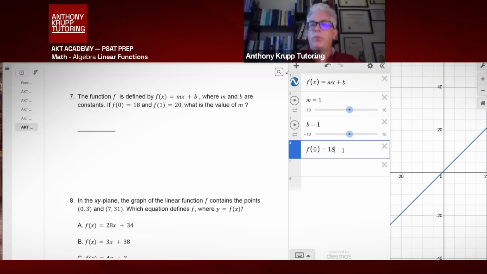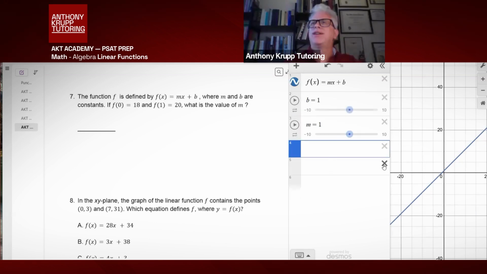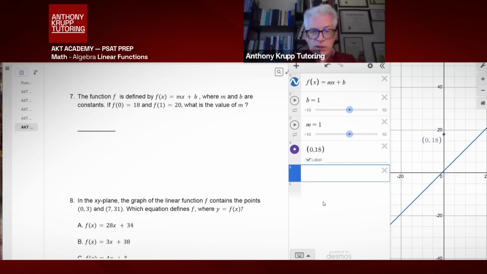There we go. So, what does f of 0 equals 18 mean? It means that one of the points would be 0, comma 18, right? And so that would be there. And the other point would be 1, comma 20, right? And that would be there. Great.